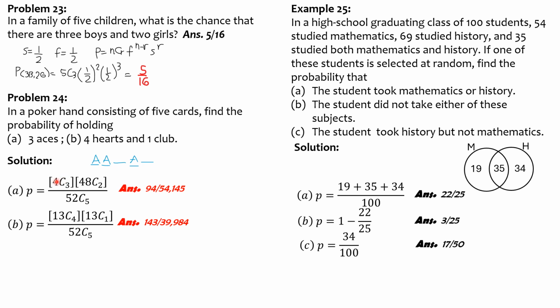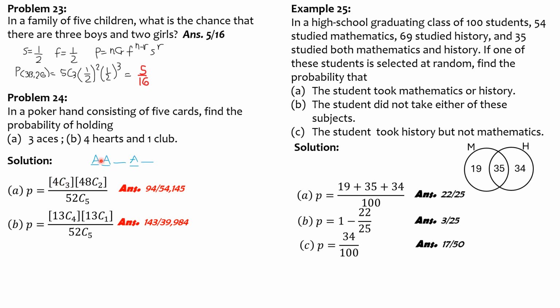It may be heart, diamond, and club. It may be heart, club, and spade, and so on and so forth. So 4 combination 3, the meaning of that is the 3 aces taken from 4.